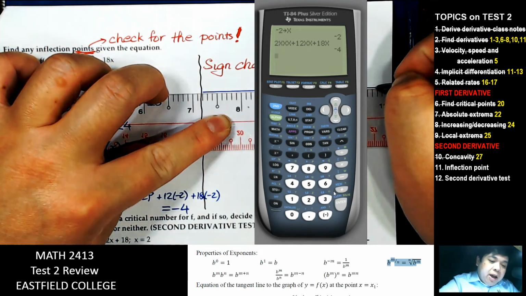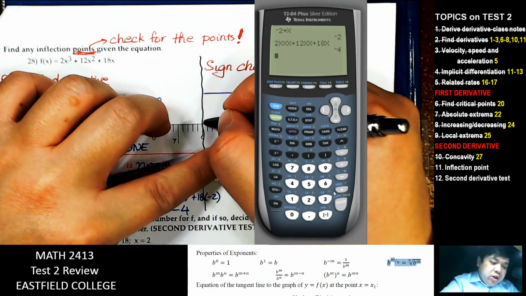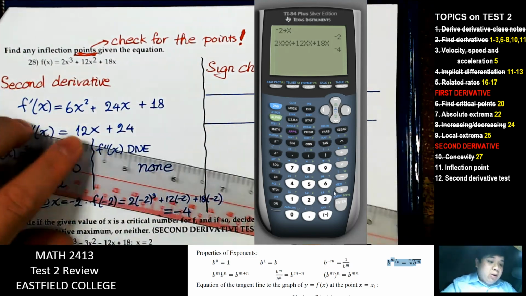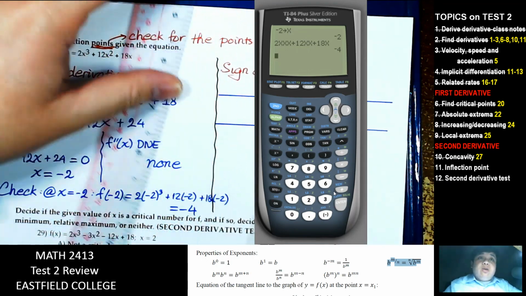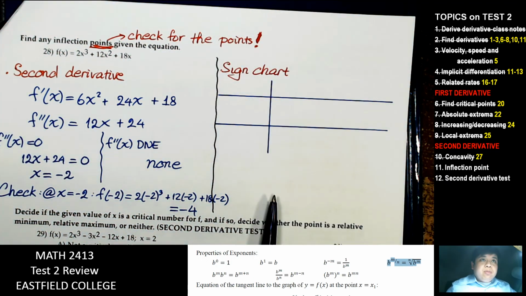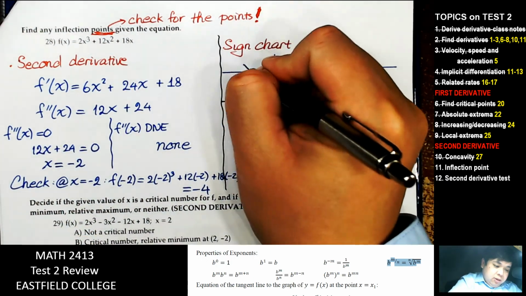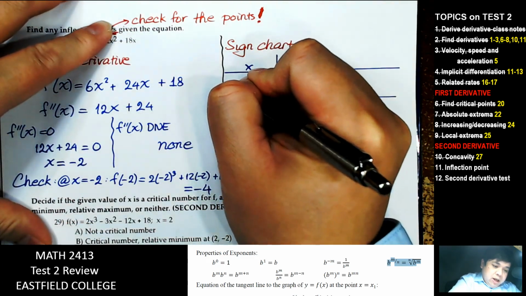Remember, as earlier, we check for the point, we check for the y values, but actually we'll check for one more thing. It's on the sign chart. Second derivative.